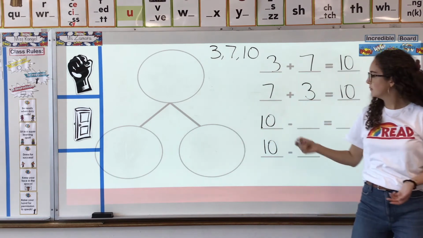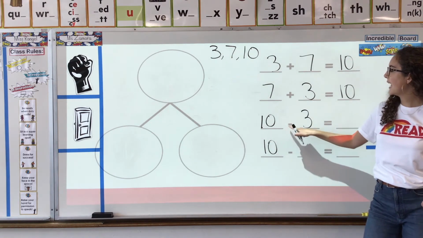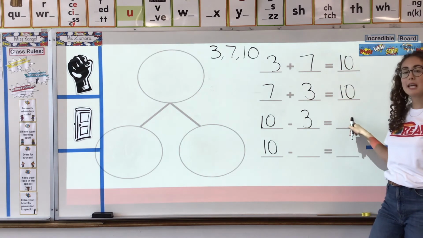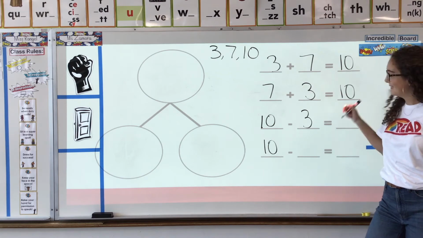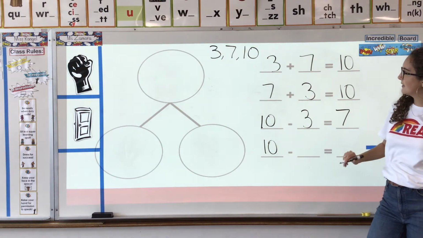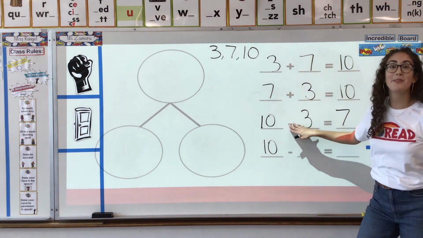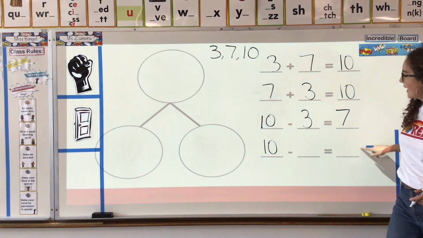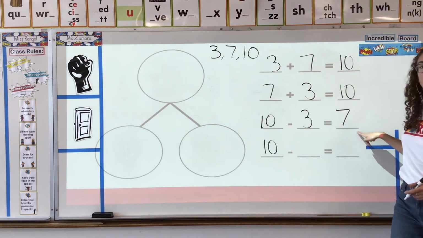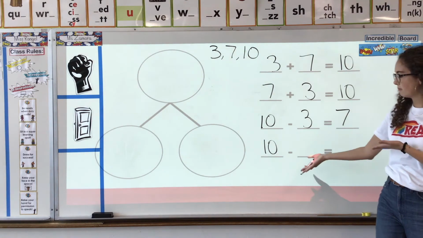Let's start with 3. If we take away 3 from 10, 10 minus 3 is going to equal what? The other part. 7. If we take away the 3 from 10, 7 will be left over. So then what will be our last part of our fact family? Our second subtraction sentence. What would it be?